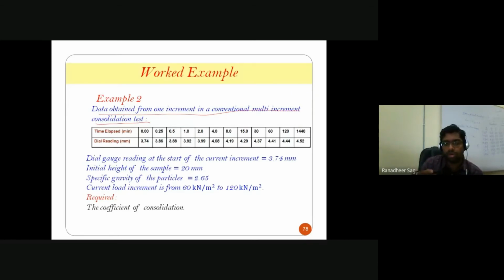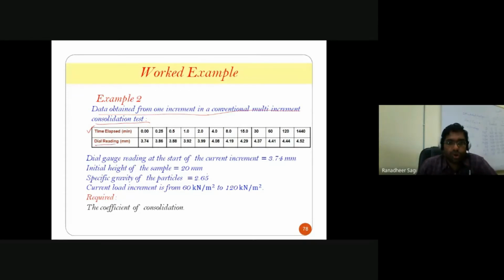In the oedometer test, we apply different increments in stress. But the data given in the table is for a particular increment in stress. For that increment, at different intervals of time, you are given some dial gauge readings.